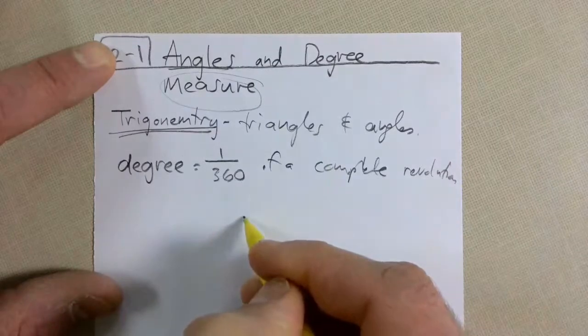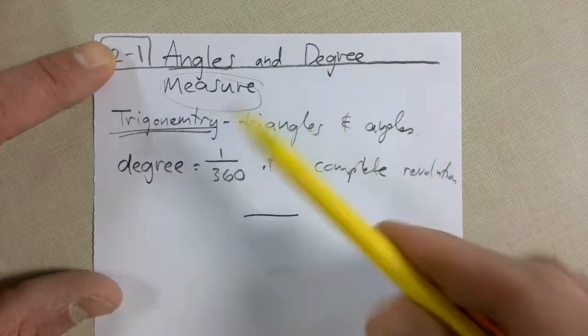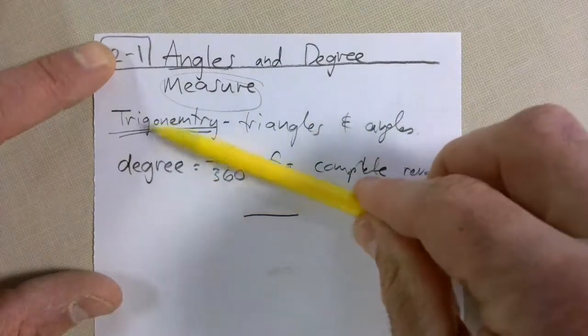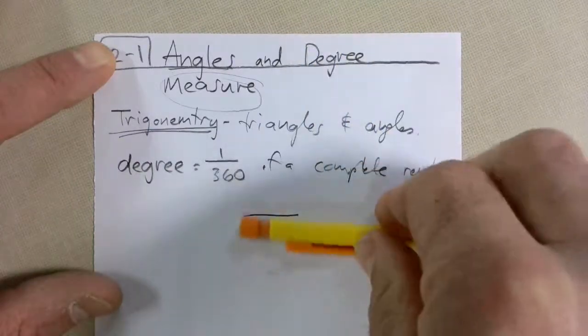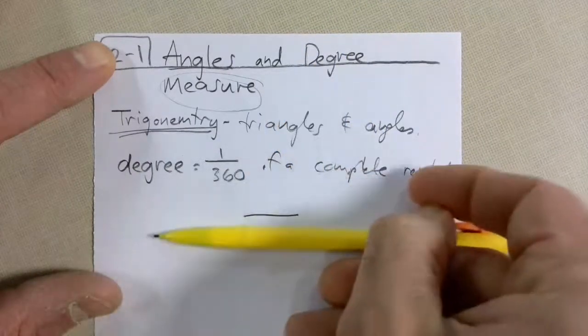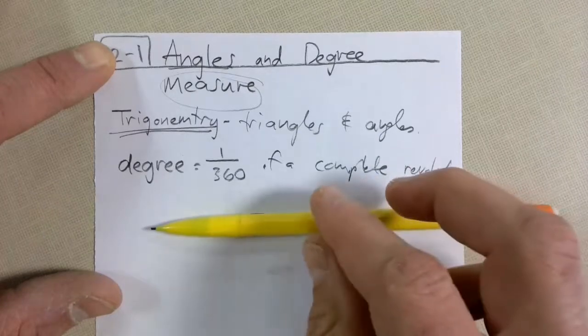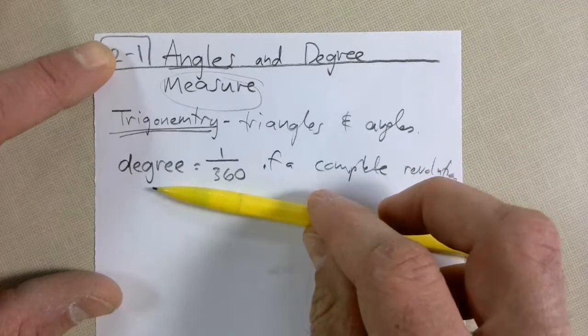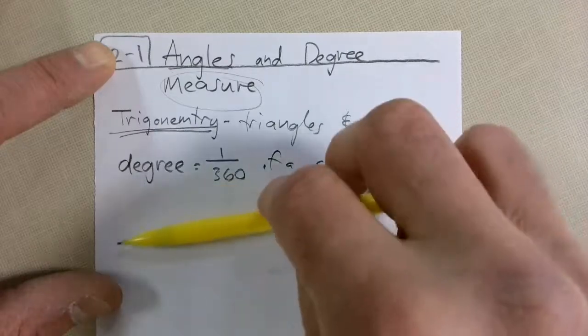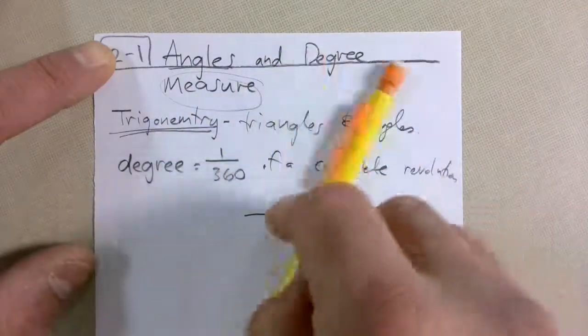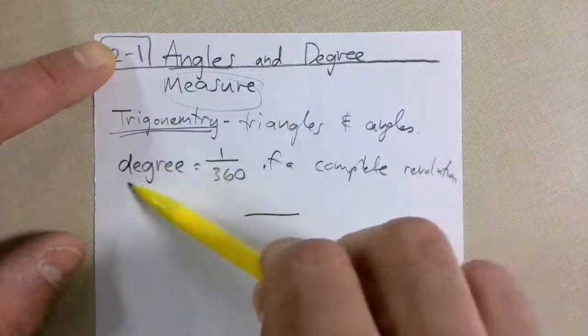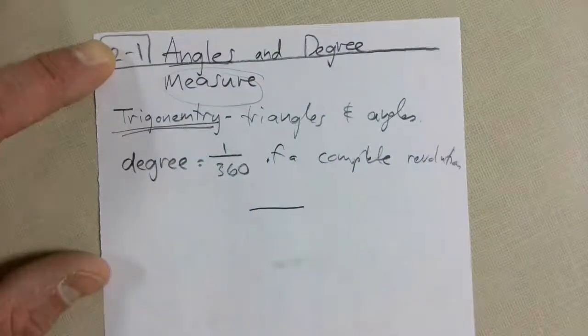So you start here, and if I was to take my pencil and spin it like this all the way around till it landed back where it started, that's 360 degrees. So 1 degree is 1/360th. We're defining a whole spin as 360 degrees. That's where that number comes from.